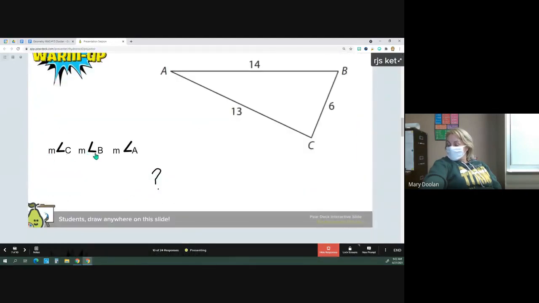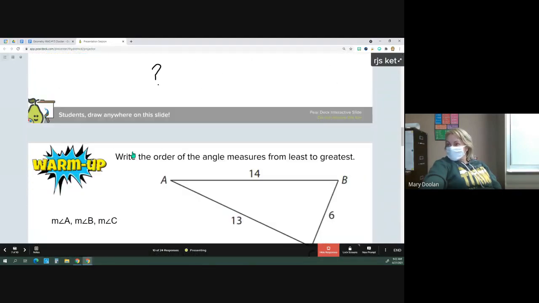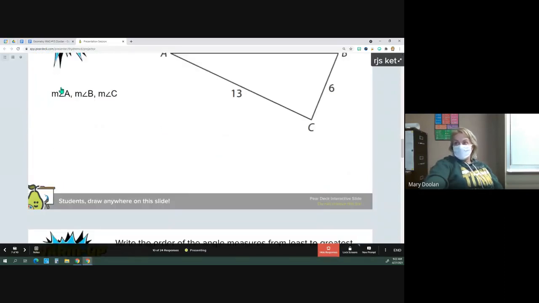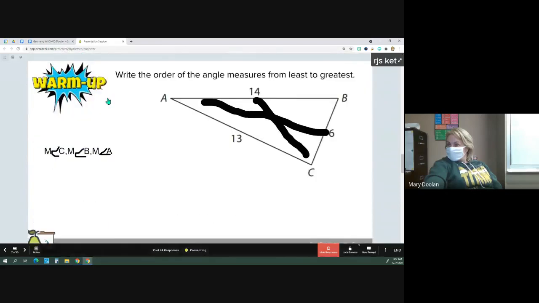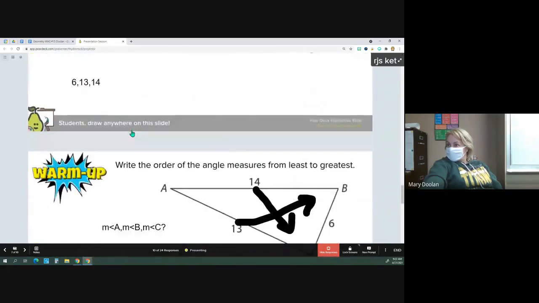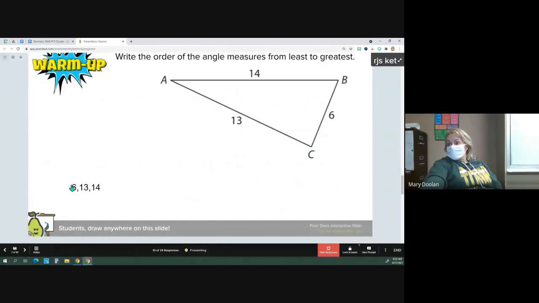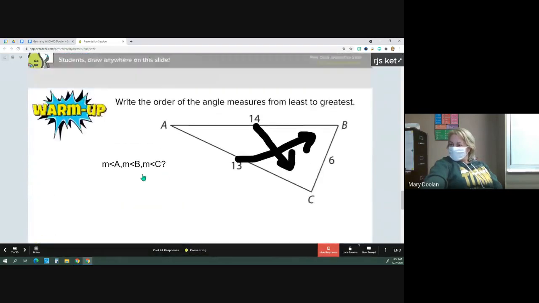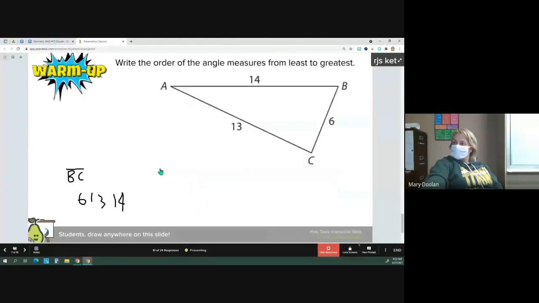Measure of C, measure of B, measure of A, question mark. Measure of A, measure of B, measure of C. Measure of C, measure of B, measure of A. 6, 13, 14. So this is the order of the side lengths from least to greatest. Measure of angle A, measure of angle B, measure of angle C.